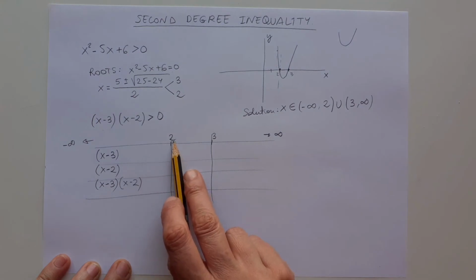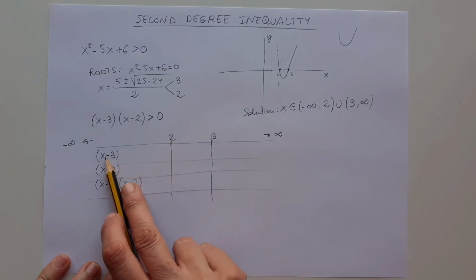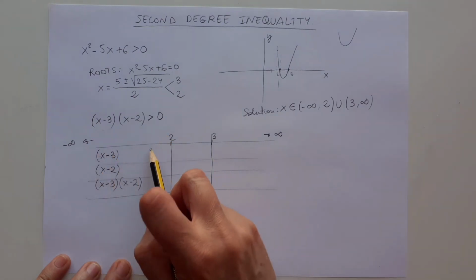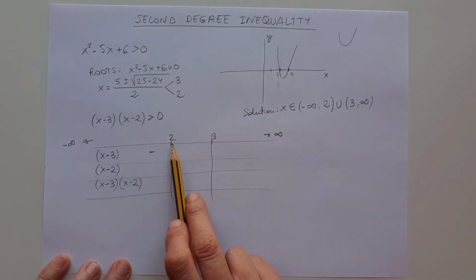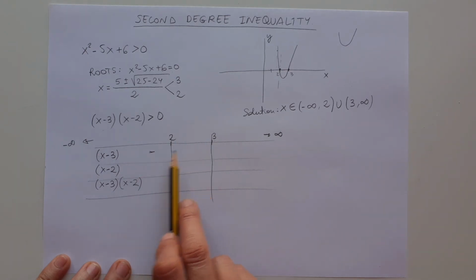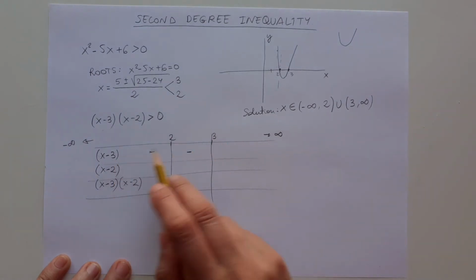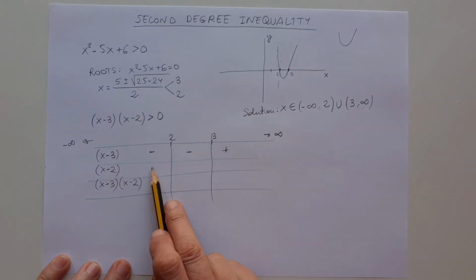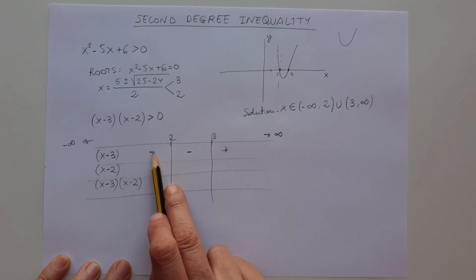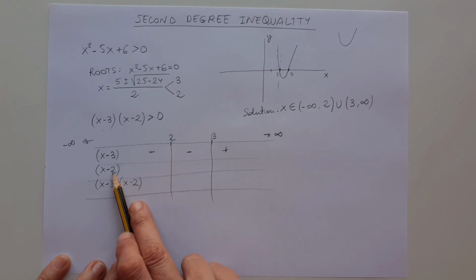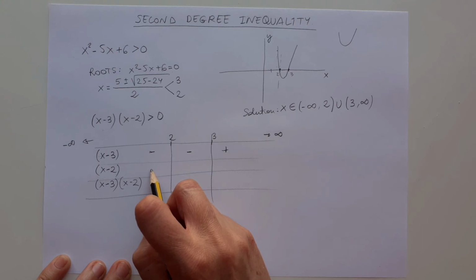So if I have a value that is less than 2 here and I place it here, this factor will be negative. If I have a value between 2 and 3, this factor will be negative as well. And for values greater than 3, this will be positive. In this case, for values that are less than 2, this is negative.